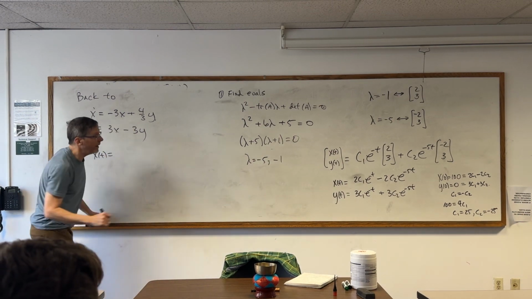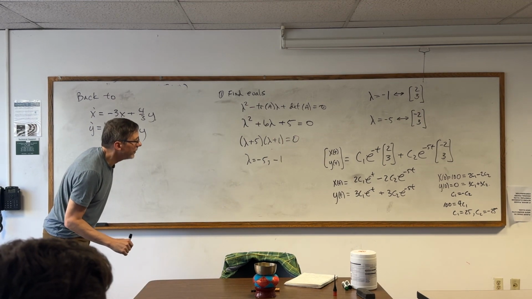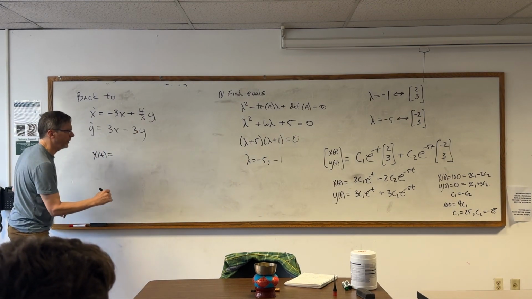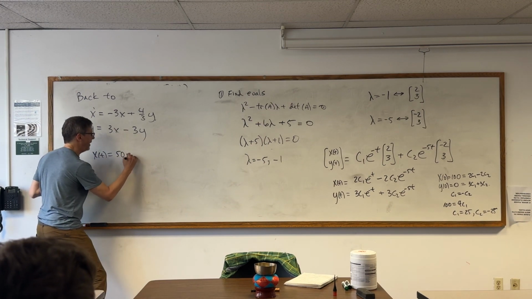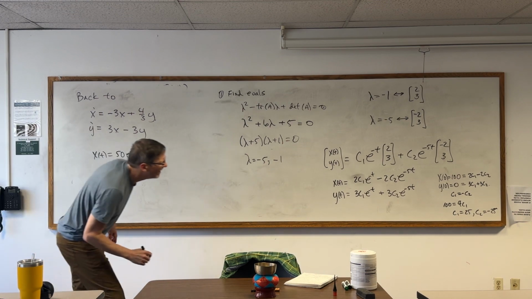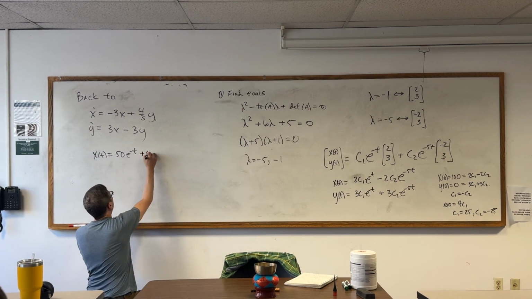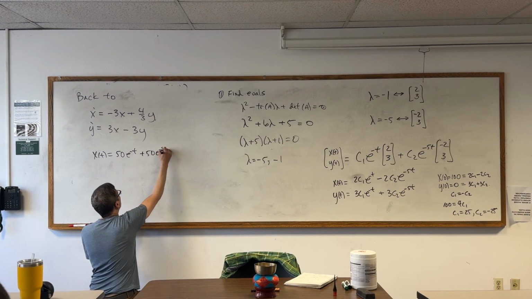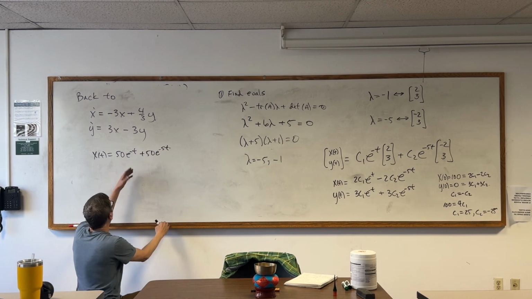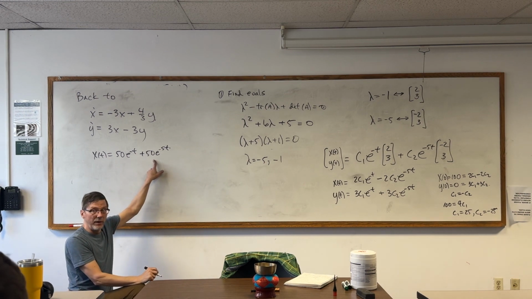X of t equals, C1 is 25, C2 is negative 25, so it's gonna be 50 e to the negative t plus 50 e to the negative 5t. Which makes total sense because at time 0, we've got our 100 grams in there.